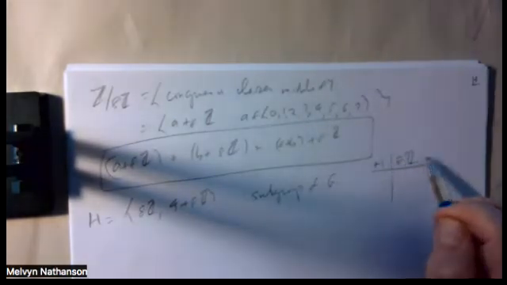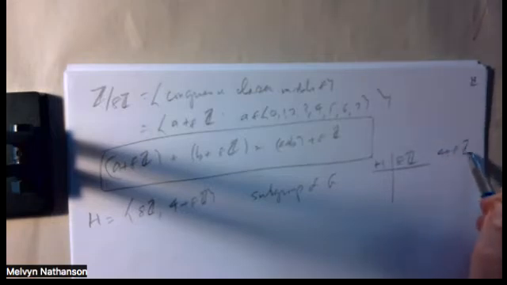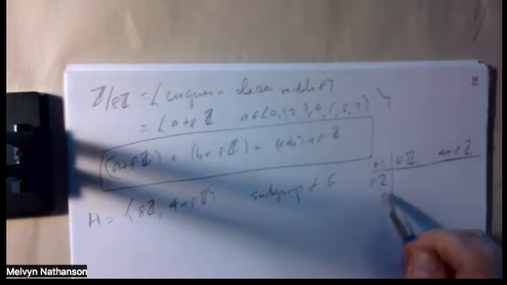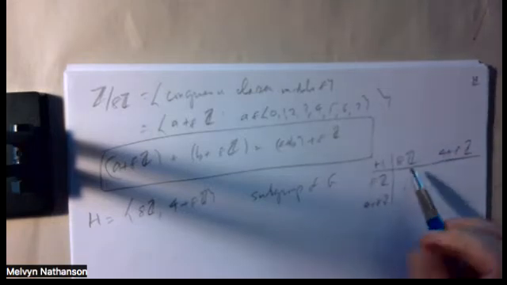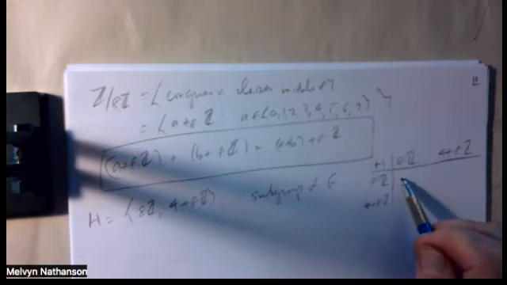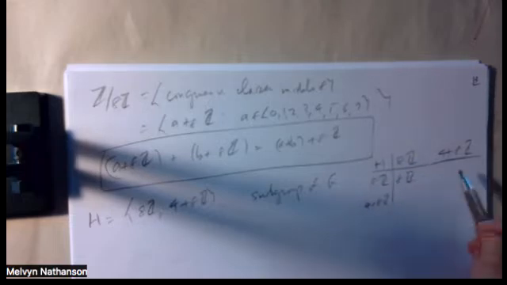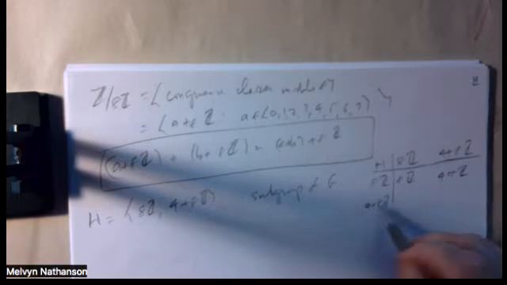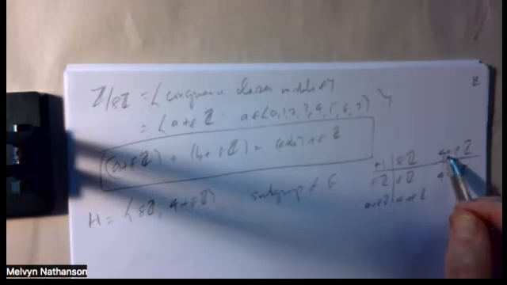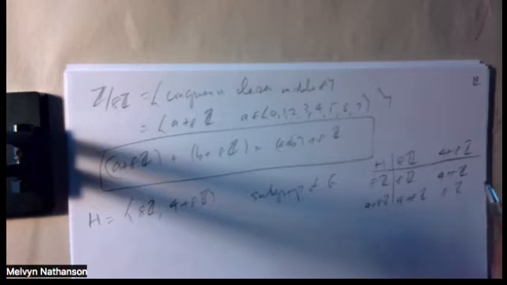I have 8Z and 4 plus 8Z. 0 plus 0 is 8Z. 0 plus 4 is 4. 4 plus 0 is 4. 4 plus 4 is 8, and 8 is the same as 0 mod 8Z. So this is the addition table.